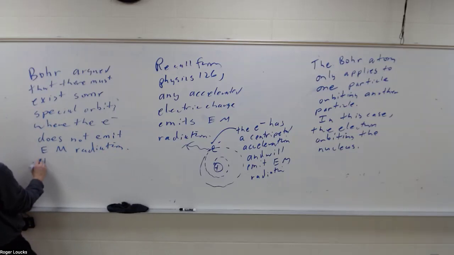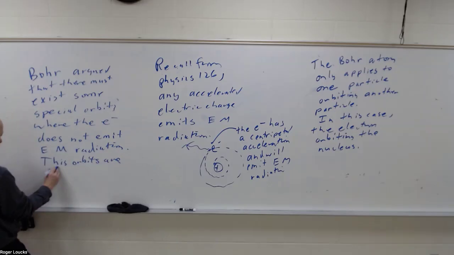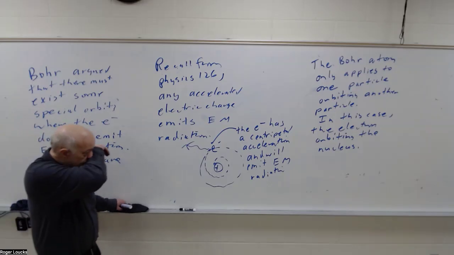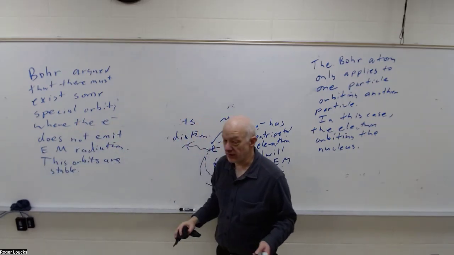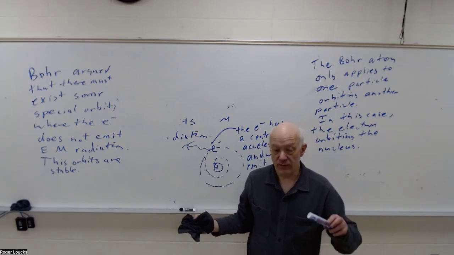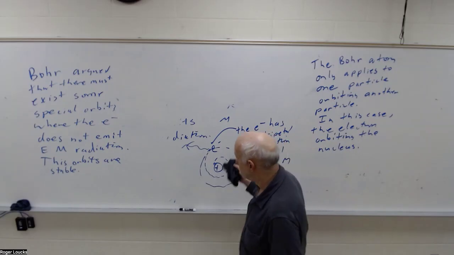So these orbits are stable. And so we need a condition for this. I give you what it is. And he didn't have an argument for it other than that he gave the right answer. And then de Broglie is going to come along and put it on a better theoretical foundation.